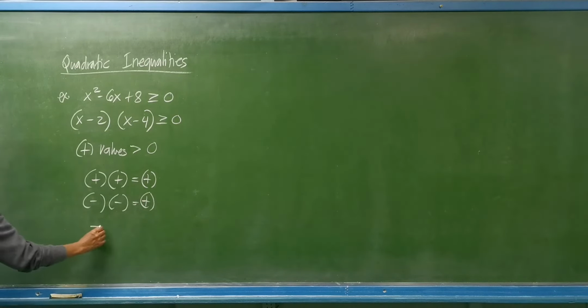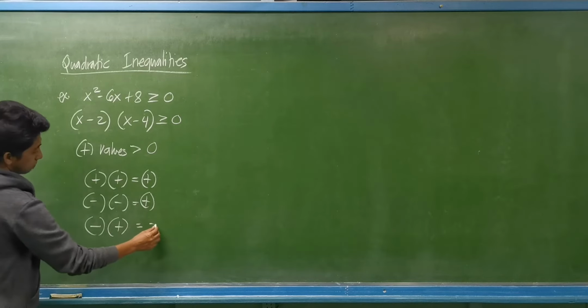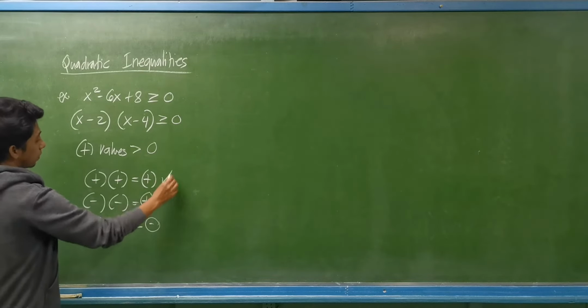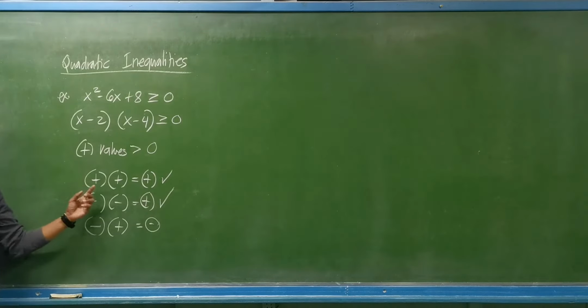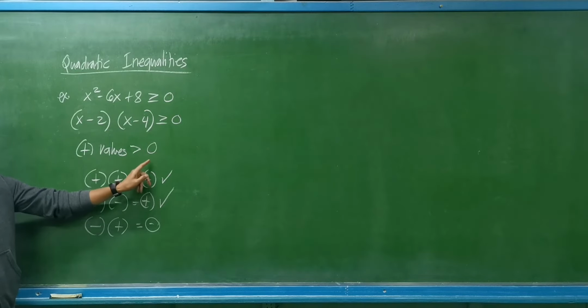We are avoiding a negative on one side and a positive on the other, because that will give us a negative product. So we are looking for positive, positive or negative, negative, since positive values are greater than 0.